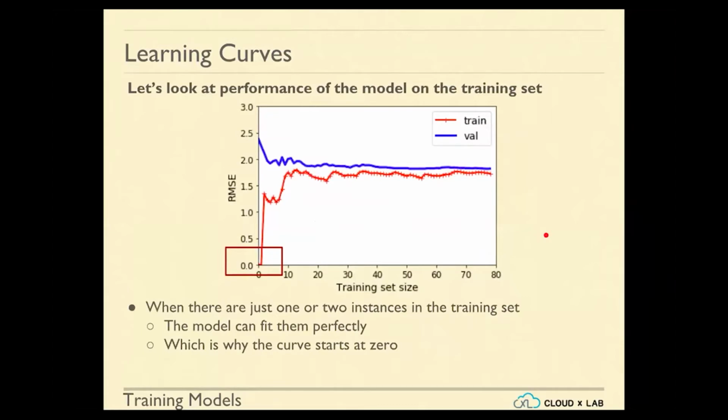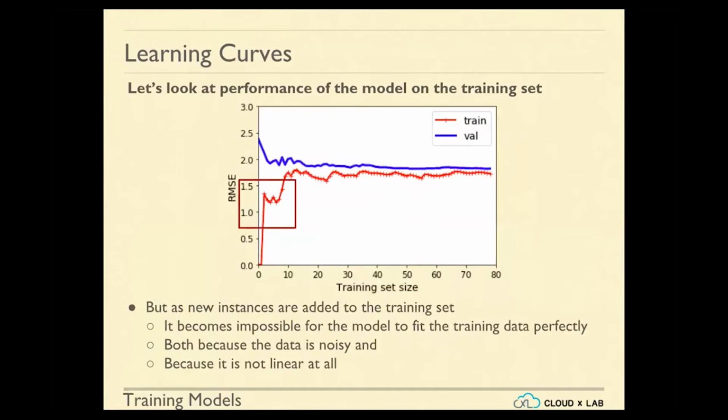So you can see that when there are just one or two instances in the training set, the model is fitting them perfectly. That's why the curve starts at 0, and that's overfitting, right?